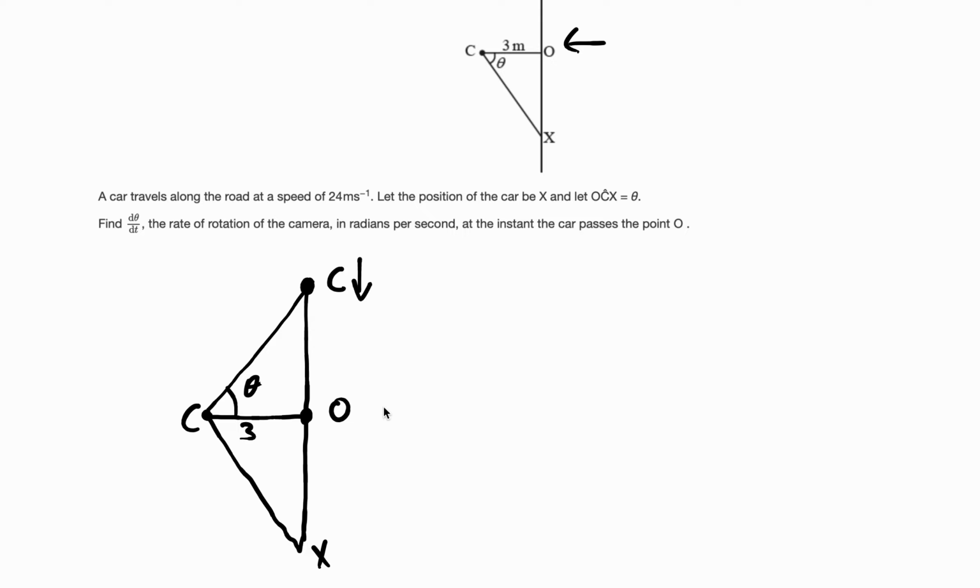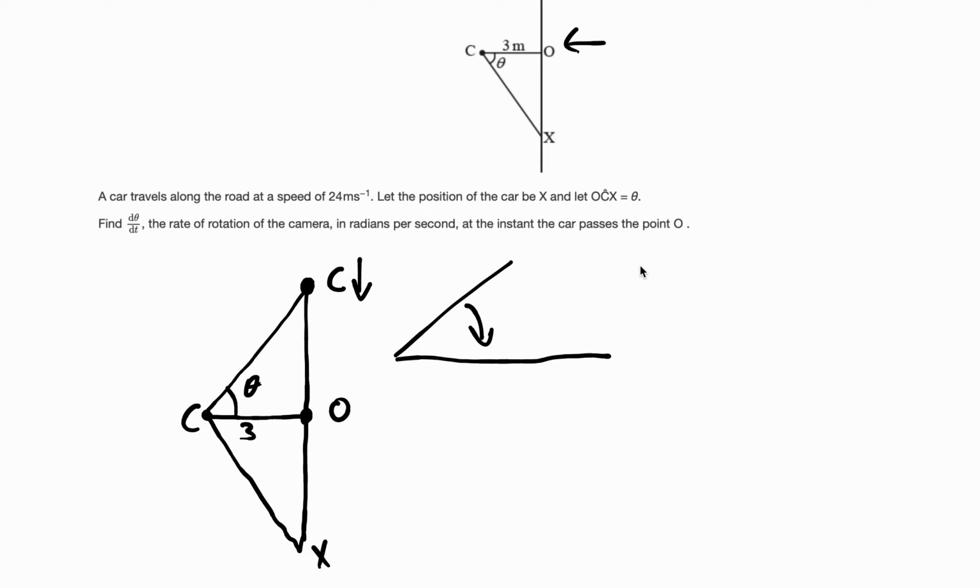Now what does this exactly mean for this angle? Because we know that there's a hypotenuse, and eventually I will rotate the camera so much that its line of vision is flat, straight. And what does that mean? The angle is actually just 0.